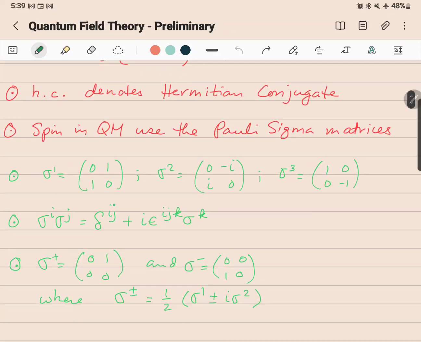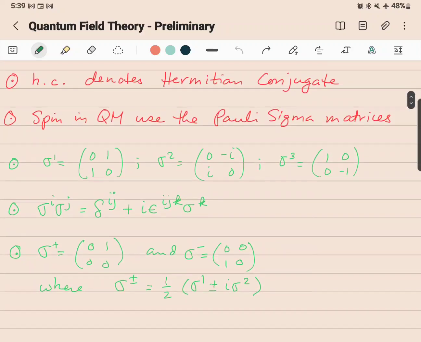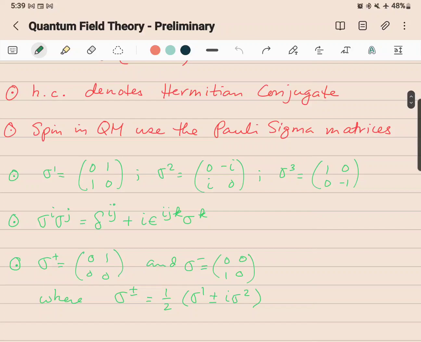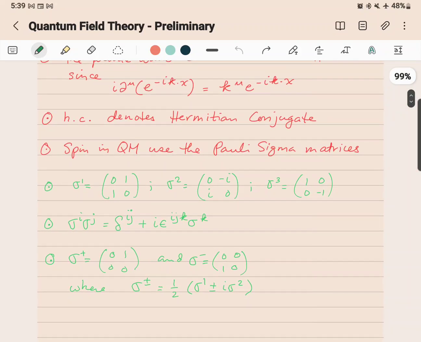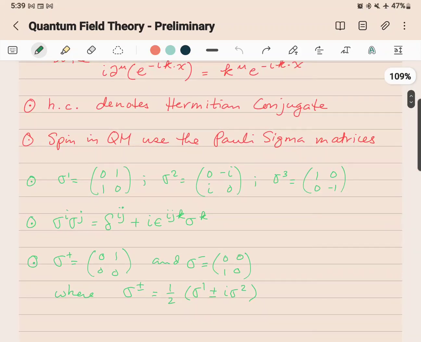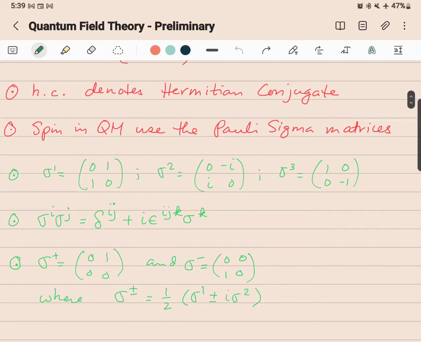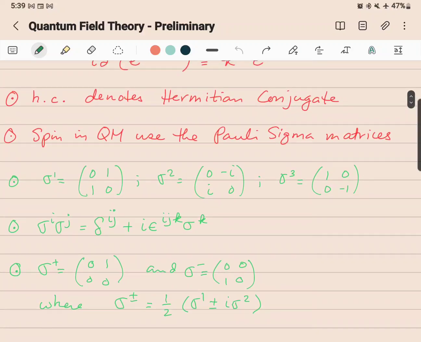By the way, you will also be dealing with sigma. Quantum mechanics uses the Pauli sigma matrices. This is also very common in quantum field theory. So we have sigma 1 associated with the x spin, and 2 for the y spin and the z spin, this sigma 3.